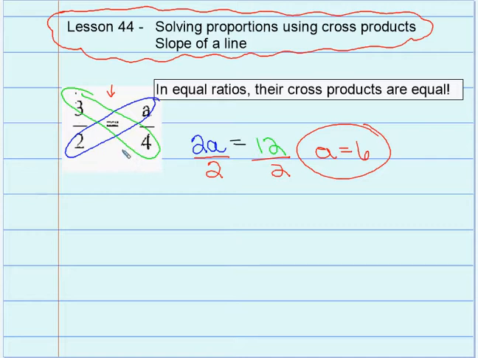You will get proportions where the missing value is not easy to identify just by looking at the proportion. So with cross products, what you're really doing is writing an equation that the multiplication, the 2a, equals the 3 times the 4. Okay, so remember that in equal ratios, or in a proportion, your cross products are always equal.